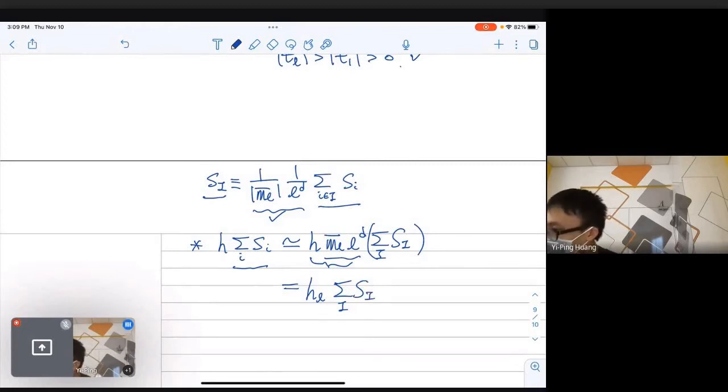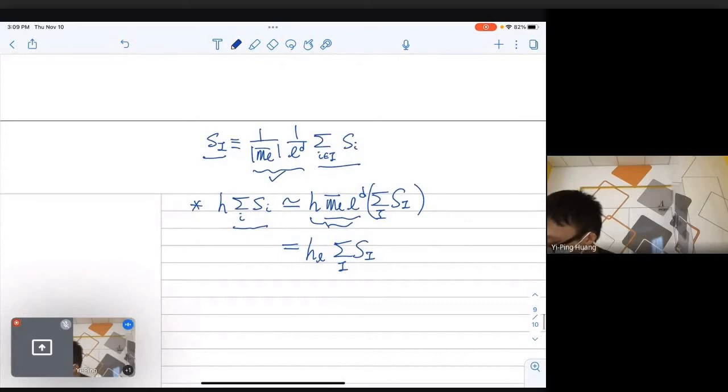So that's basically how we get the effective coupling HL from the initial microscopic model. Okay. I think we will stop here and continue the analysis of the free energy.